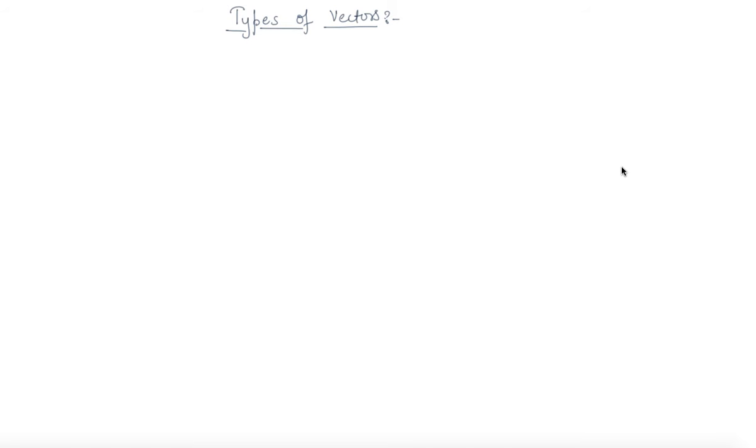So in today's lecture we'll discuss types of vectors. I'm writing down the first type, which is the zero vector.